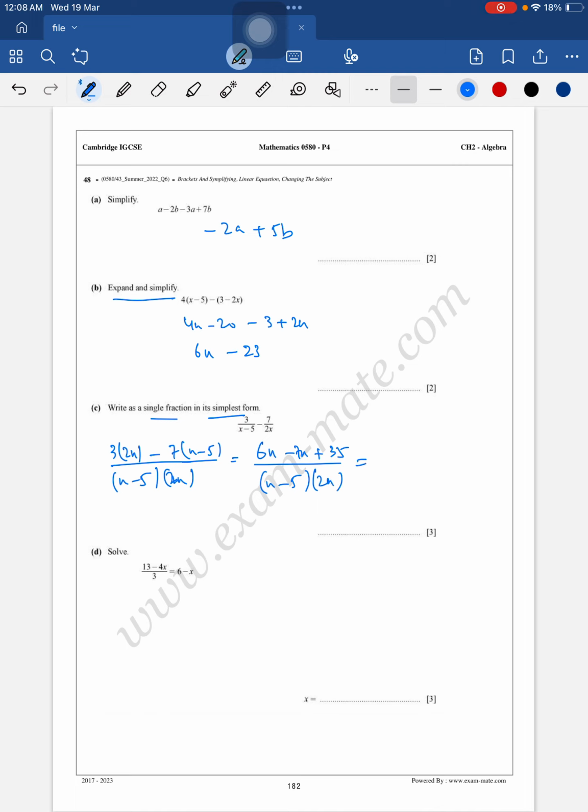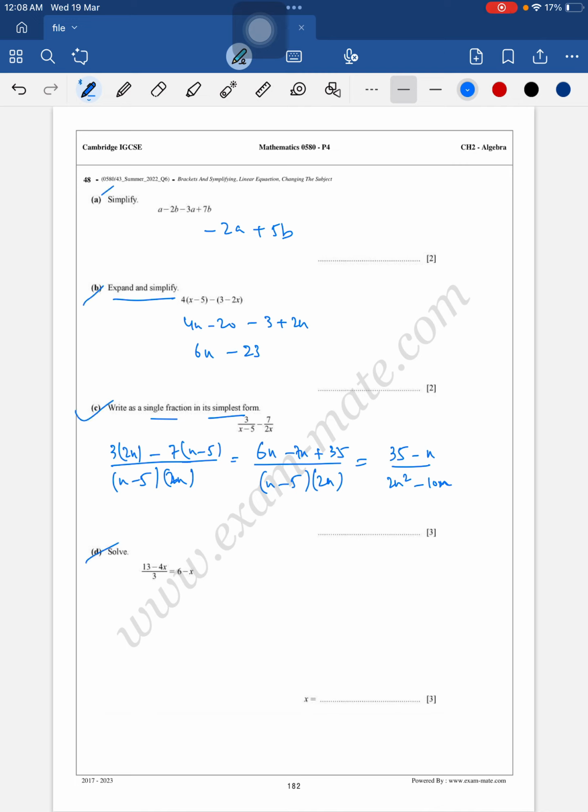So 6x minus 7x is minus x, so 35 minus x. Okay, and in the denominator we have 2x into x minus 5, right? So if I multiply it, it will be 2x square minus 5 into 2 is 10x, right? 35 minus x upon 2x square minus 10x, that is the answer.